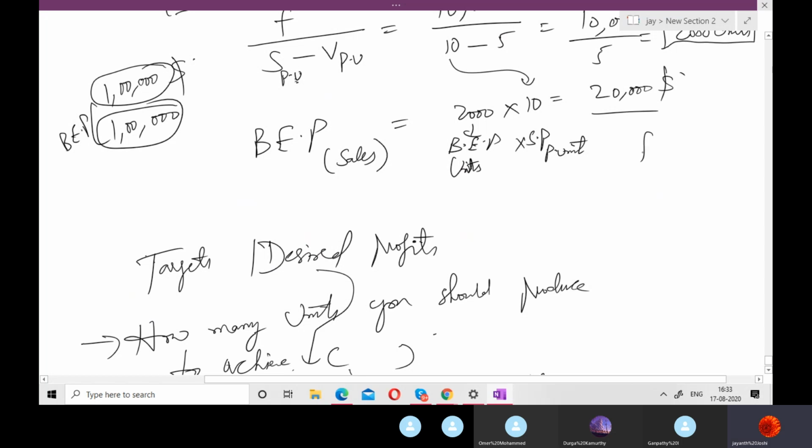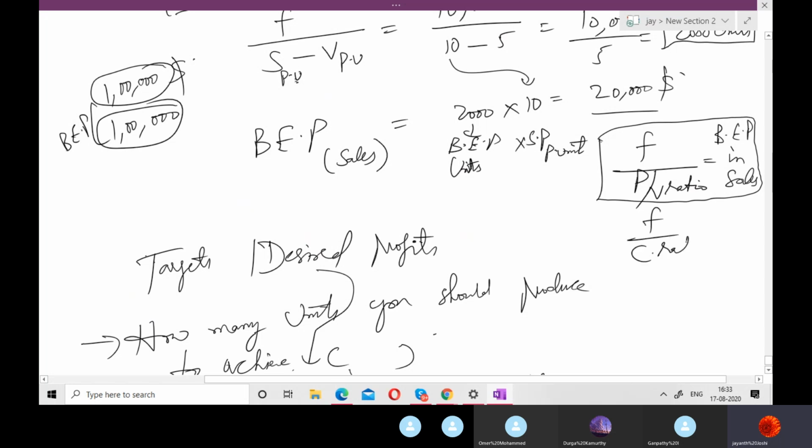Or you can do one thing: fixed cost by PV ratio will also give you the formula for break-even point in sales or dollars. One more formula I'm writing: fixed cost by profit volume ratio or contribution margin ratio. One and the same, we'll prove it.